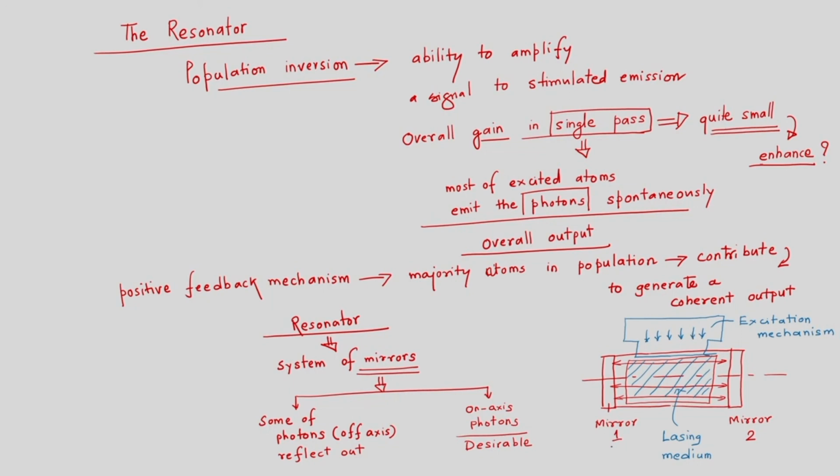So, there are three basic components of a laser based system: a pair of mirrors, a laser medium and the excitation mechanism. These are the three main elements of a laser based system.